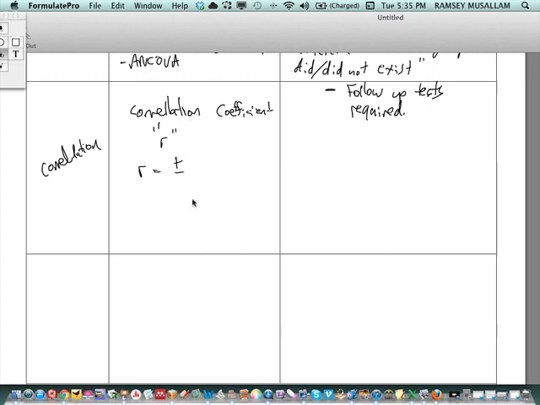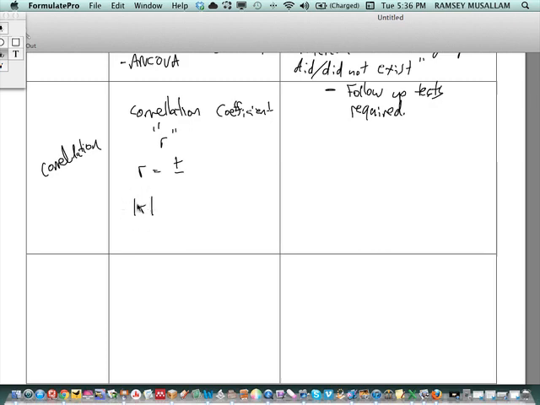What that means is as one thing goes up, the other one goes down. That's a negative correlation, okay? As one thing goes up, the other goes up. That's a positive correlation. It depends on what you're looking at. So negative doesn't mean bad in this case, okay? What we want to look at, though, is, do you guys remember from math what that means?